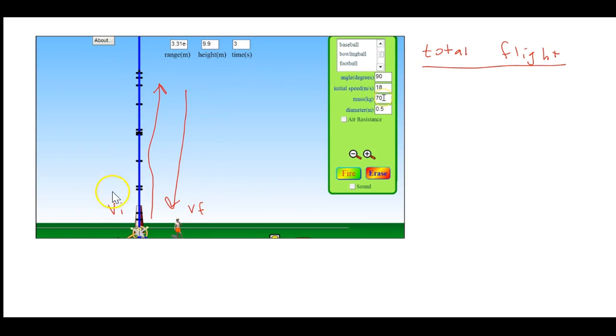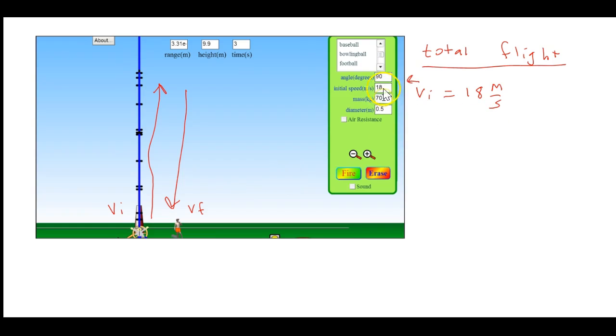Because the acceleration is constant the entire time, it turns out that the speed when it's fired is going to equal the speed when it returns to its initial position. The velocities, however, are different because one is up and the other is down.